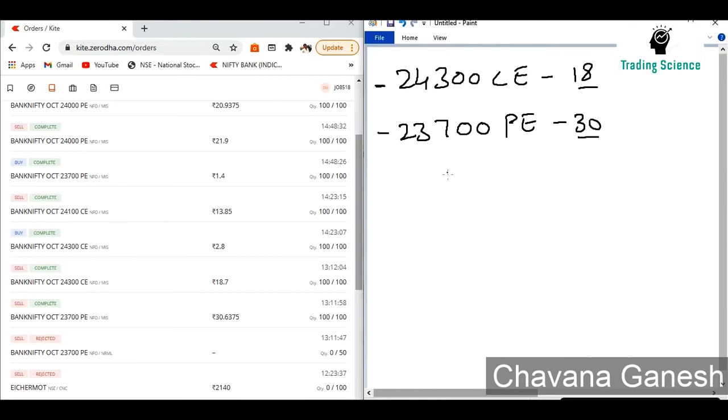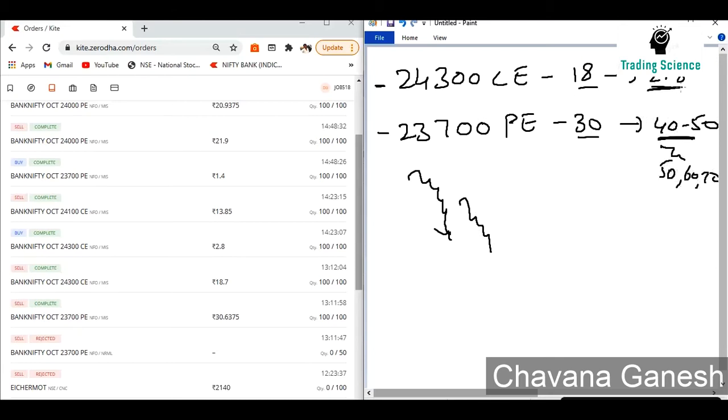From here the market went down, and this value became around 2.8, and this value became 40 to 50. Now this CE is at its least. If the market still goes down, this premium will increase again to 50, 60, 70 like that.